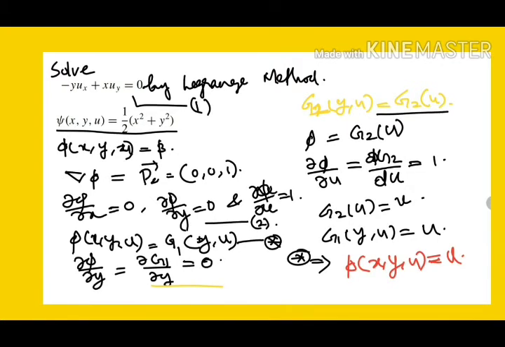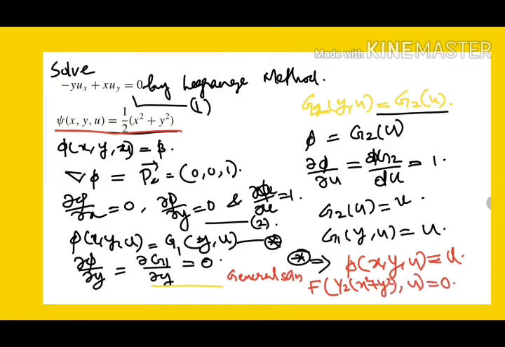Now we have obtained two functions: psi is 1 by 2 of x square plus y square, and phi is u. So the general solution is of the form f of half x square plus y square comma u equal to 0.